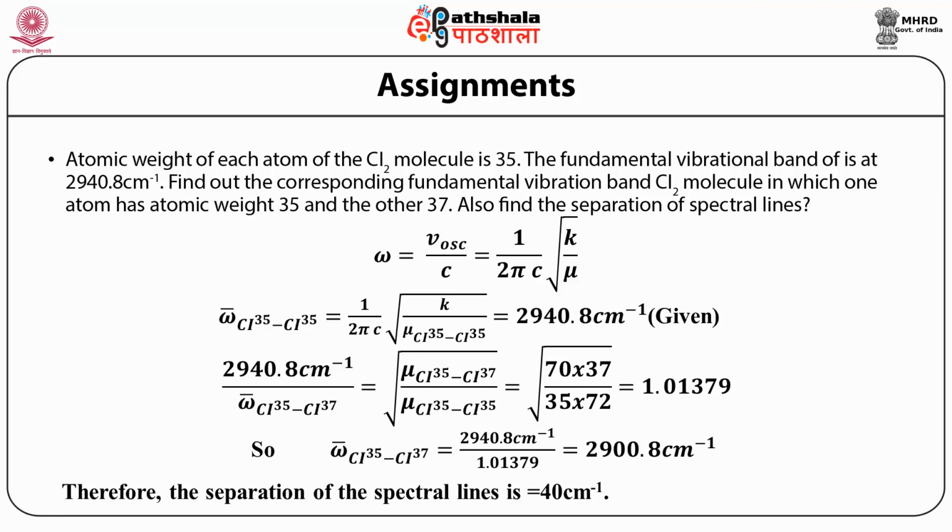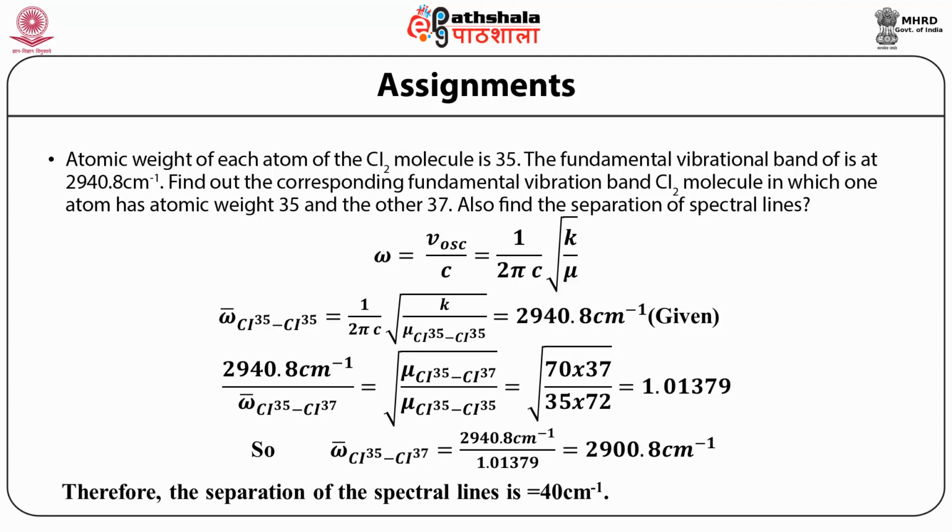So again the relationship is omega equal to nu oscillatory upon c, equal to 1 by 2 pi c under the root of k upon mu, the reduced mass. So omega of the Cl35 Cl35 chlorine molecule is equal to 1 by 2 pi c under the root of k upon mu of the chlorine molecule, which is given to be 2940.8 centimeter inverse.